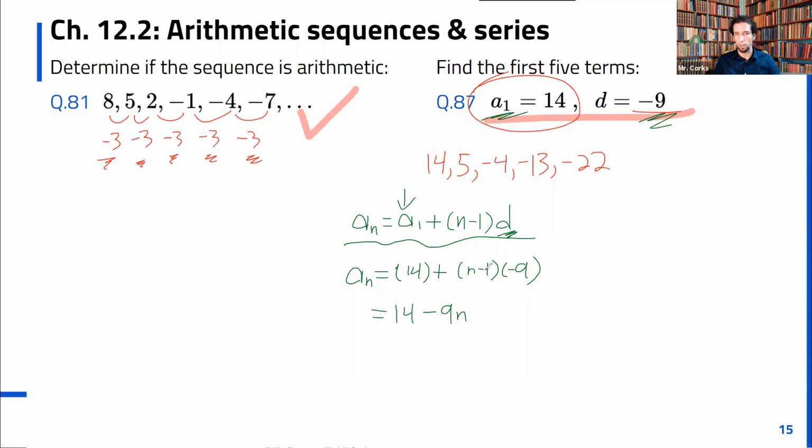And then the next part, -1 times -9, will turn into +9. Then 14 plus 9 will give us 23. Sorry, not 25. So 23 minus 9n.